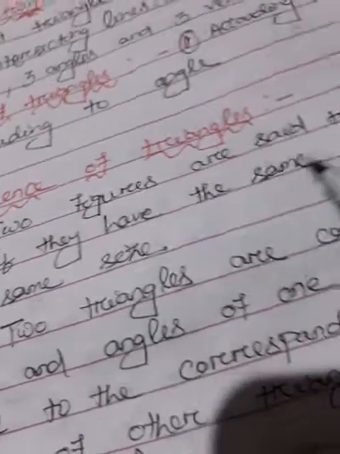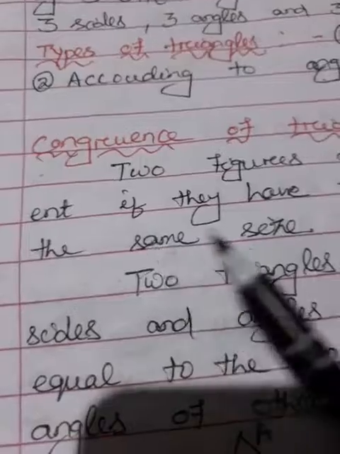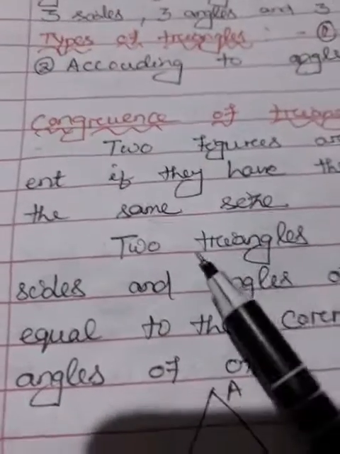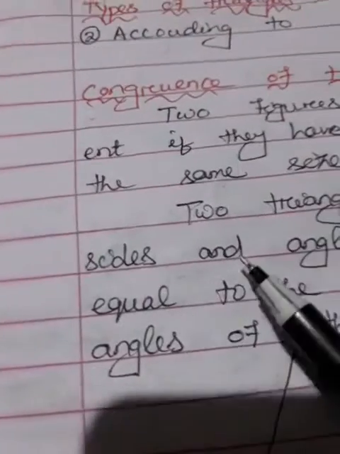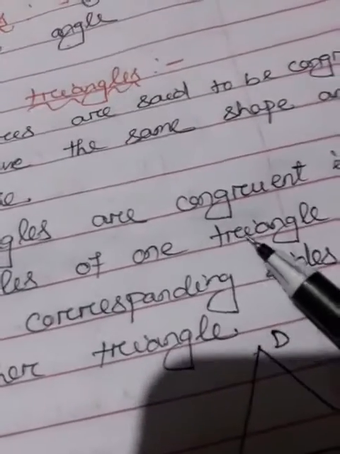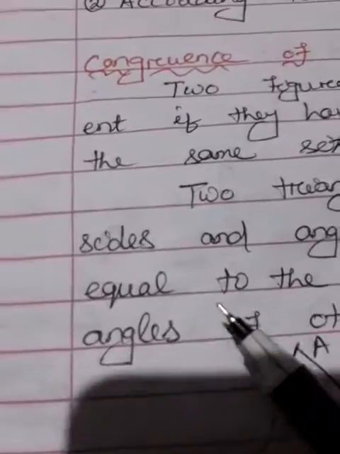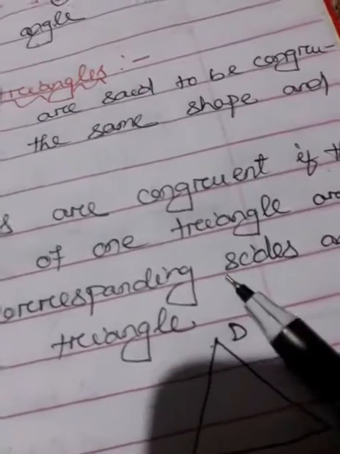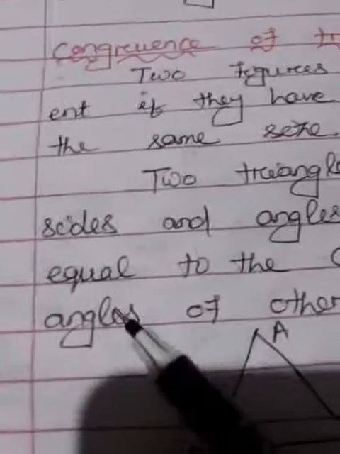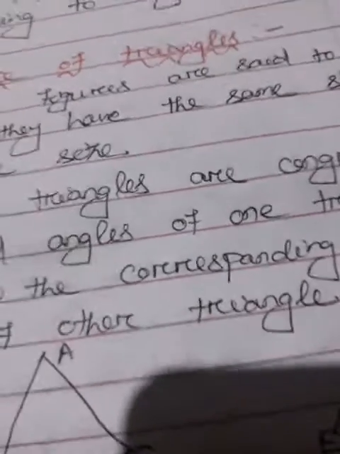Two figures are said to be congruent if they have the same shape and the same size. So, two triangles are congruent if the sides and angles of one triangle are equal to the corresponding sides and angles of the other triangle.